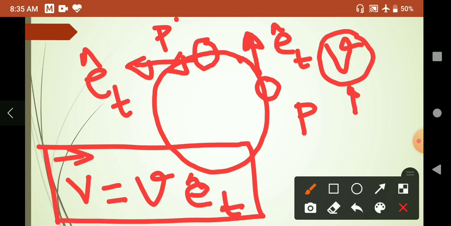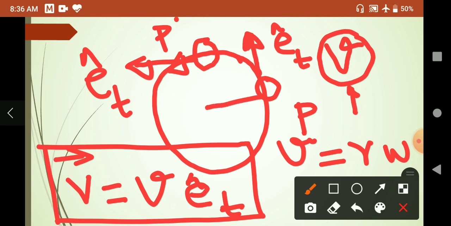When a particle undergoes circular motion, the direction of its velocity will be tangential to the curve at that particular point, and the velocity will have only the tangential component. And the magnitude can be modified: we know that small v can be written as r into omega, where r is the radius of the circular path and omega is the angular velocity.